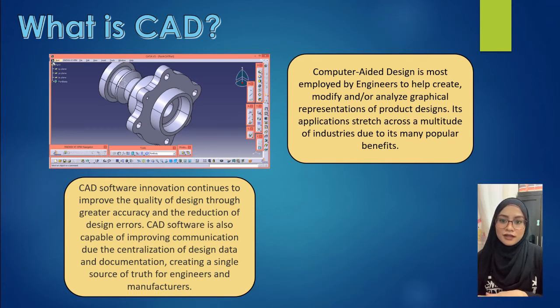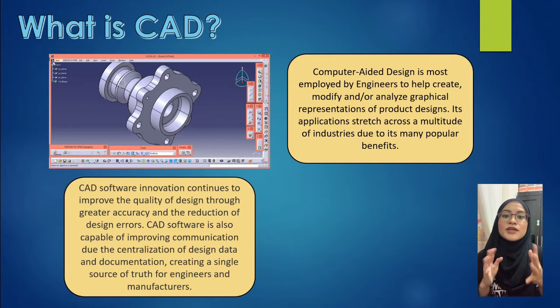CAD software innovation continues to improve the quality of a design through greater accuracy and the reduction of design errors. CAD software is also capable of improving communication from one engineer to another when they're explaining a project design. And due to the centralization of design data and documentation, it creates a single source of truth for engineers and manufacturers.